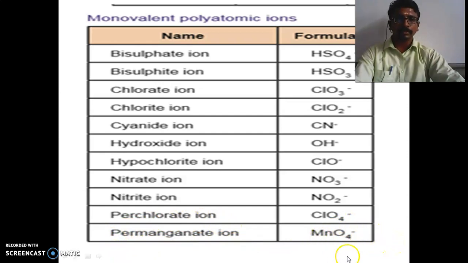Children, you can see that in all the names, ion is there. Why? Because they have charges. If the formulas have charges, we have to mention the ion, whether it is positive or negative.